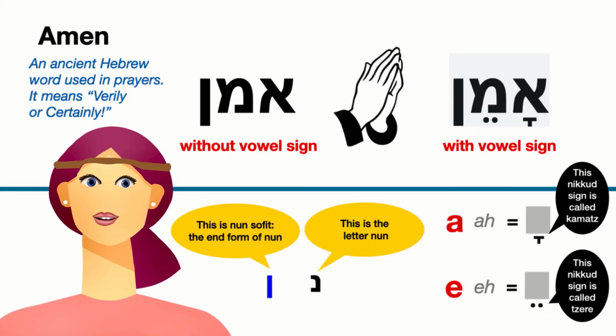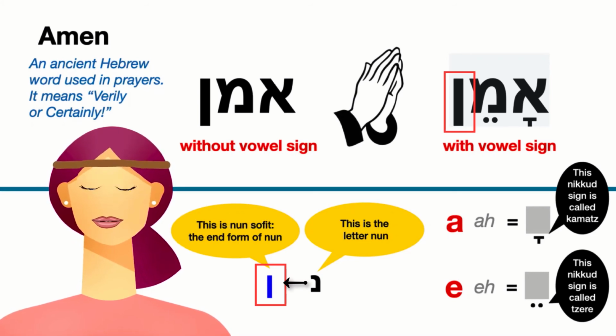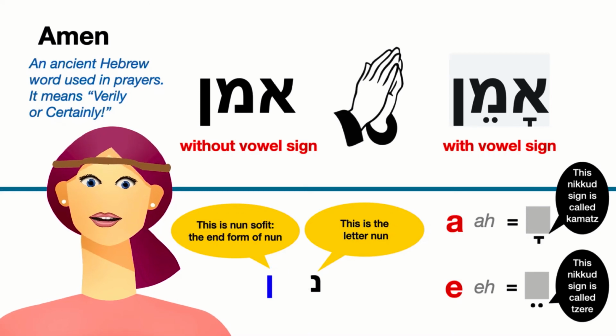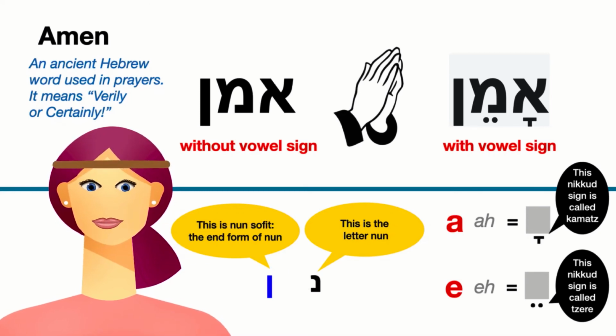And, as you can see, the n sound is the last sound in this word, so as a rule, we write the sofit form of the sound. In this case, we therefore write a nun sofit. It is the end form of the letter nun which has the n sound. So we pronounce this as amen.